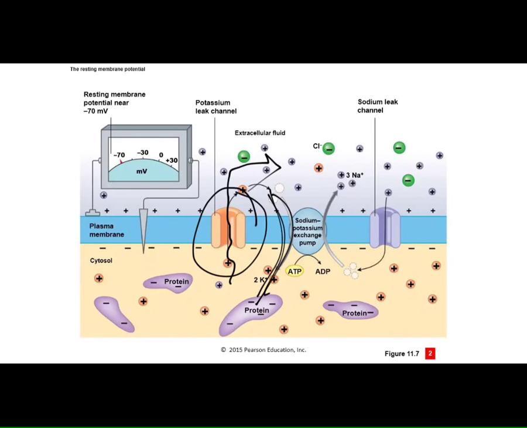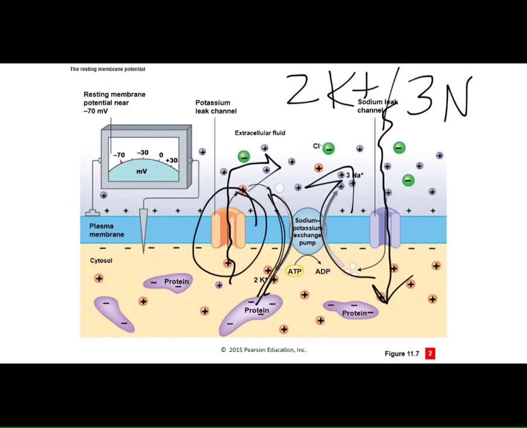Sodium was always trying to slowly leak in, and we're going to make sure that it gets pushed back out by this sodium-potassium ATPase. And the stoichiometry is this: for every 2 potassiums, there are 3 sodiums. It's just kind of an imbalance. And what else is that imbalance doing? If it's always kicking out 3 sodiums for every 2 potassiums that come in, we're also helping to maintain what sort of environment inside the cell?